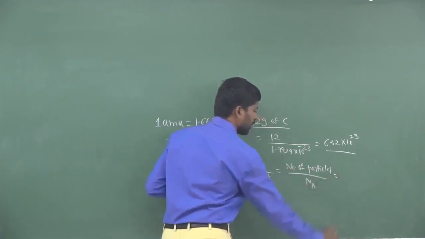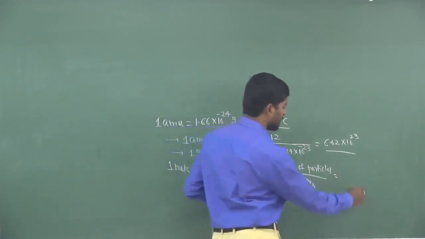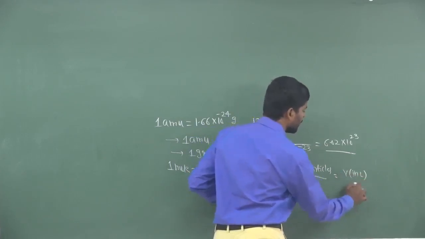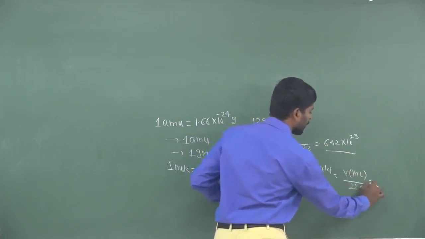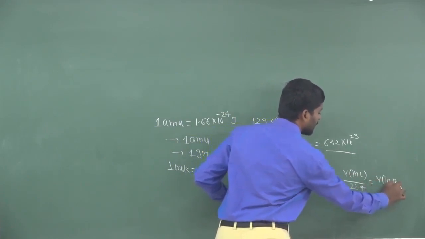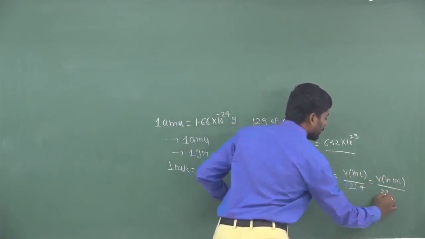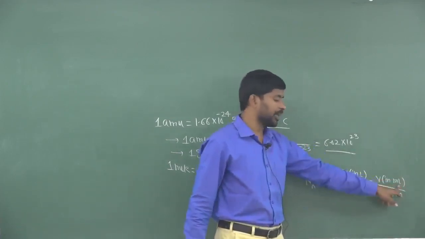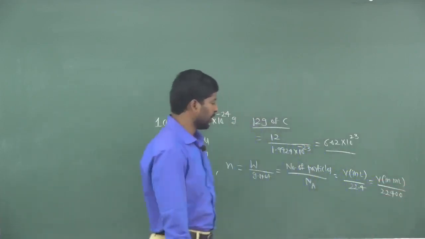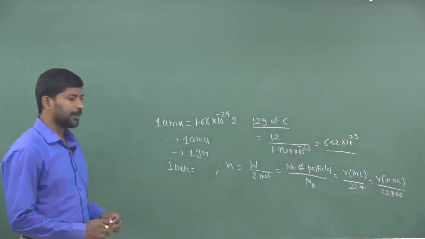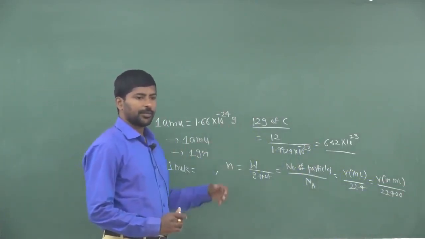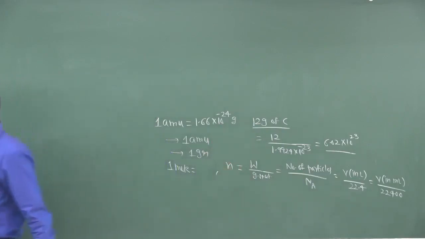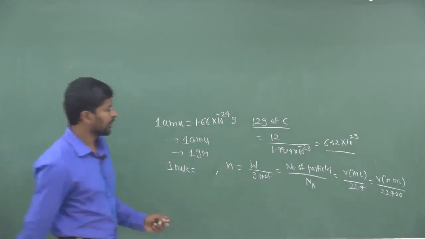Or if volume in liters is given under STP or NTP conditions, volume in liters by 22.4; if volume is given in ml, by 22,400, in liter or decimeter cube, here in ml or centimeter cube. Under NTP conditions, pressure is 1 atmosphere and temperature is 0 degree centigrade.